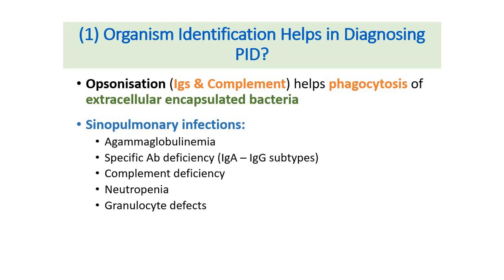As I just told you, if there is a defect in opsonization, which helps phagocytosis, and we have sinopulmonary infections, basically with capsulated extracellular bacteria, I should suspect agammaglobulinemia or specific antibody deficiency or complement deficiency or a problem in the phagocytes, whether neutropenia or granulocytic defect.